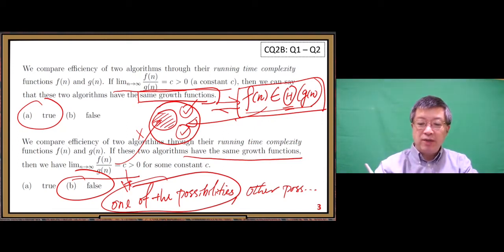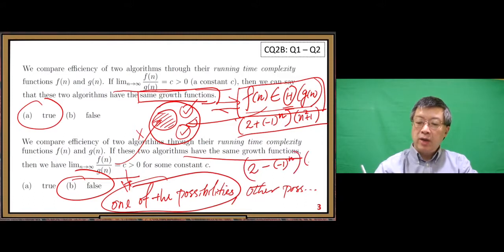The counterexample I gave you in my class video. For example, here I can write it again. Ratio of two functions. 2 plus negative 1 to the nth power, times n squared plus 1. Another function: 2 minus negative 1 to the nth power, times n squared minus 1.